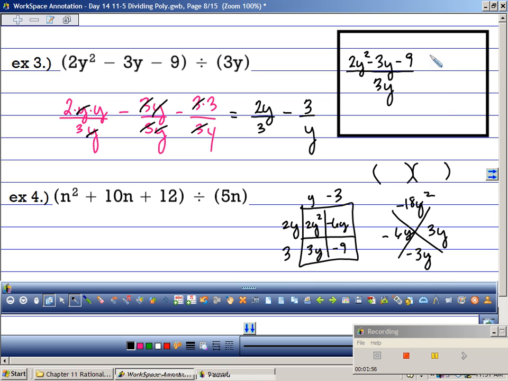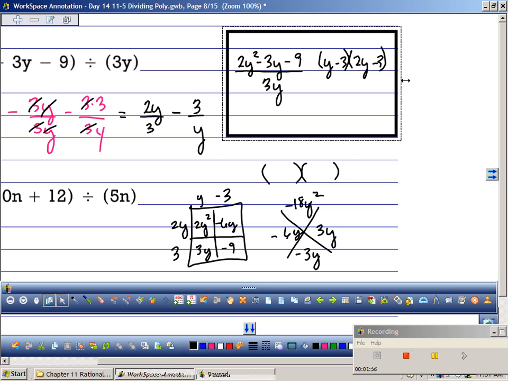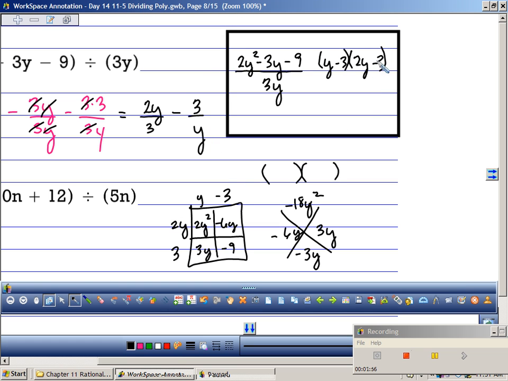So this would be y minus 3 and 2y minus 3 plus 3, all over 3y.